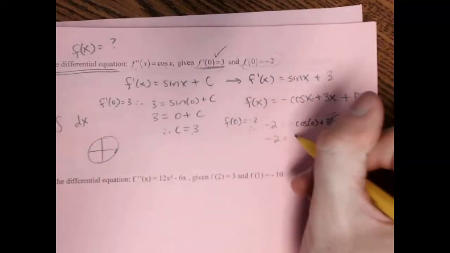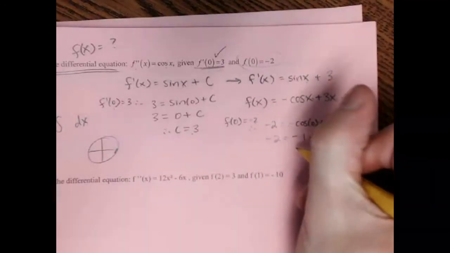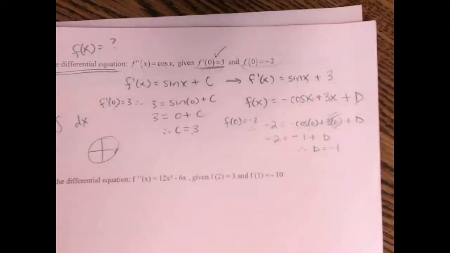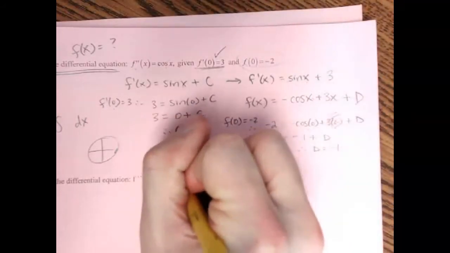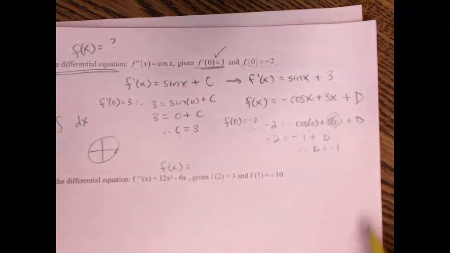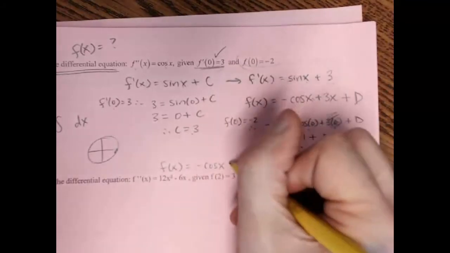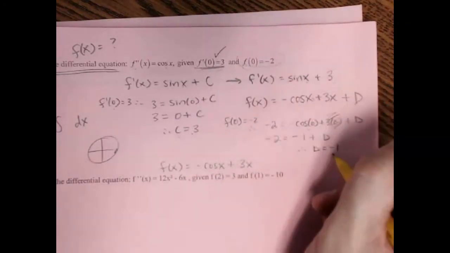So I got -1 plus d, which means the d value is -1. That's not the answer. Go back, plug it in. So this original function, in particular, is going to have to be negative cosine of x plus 3x, and then plug in your d value -1.